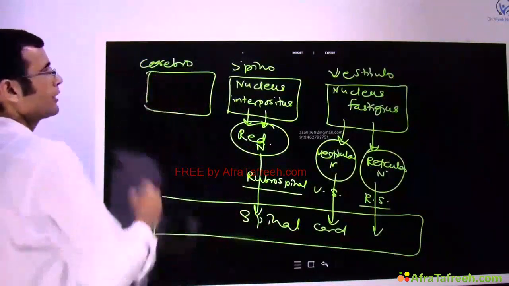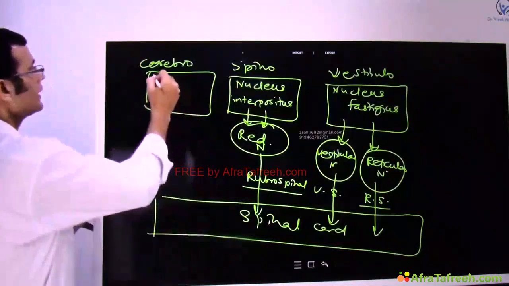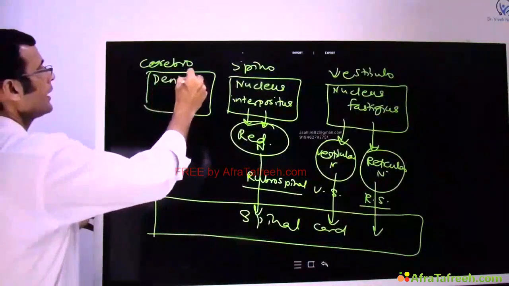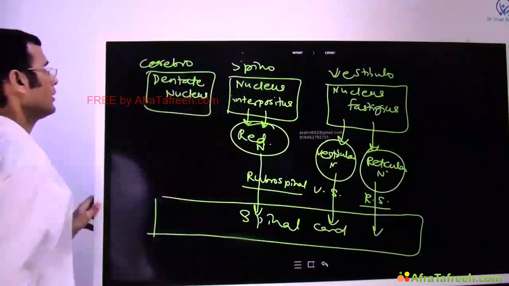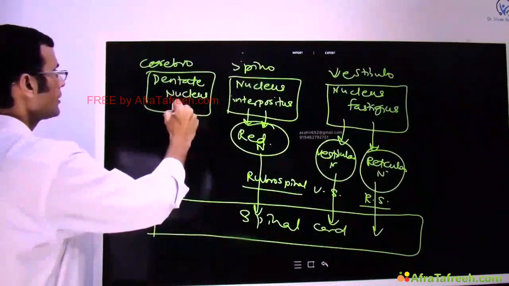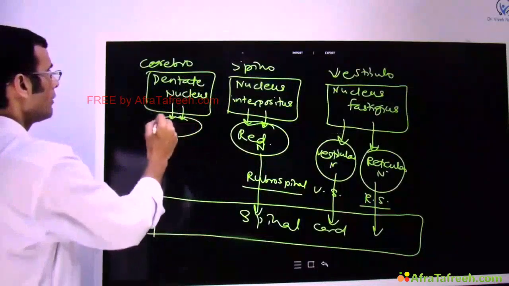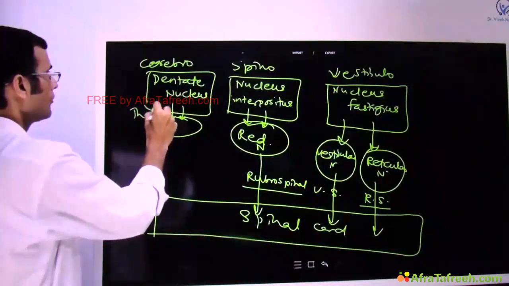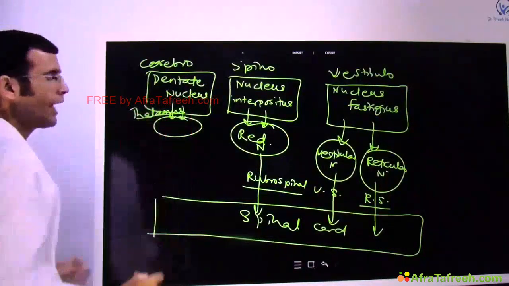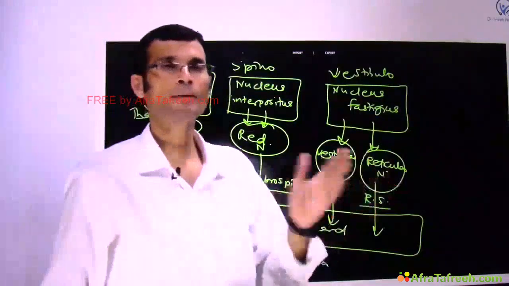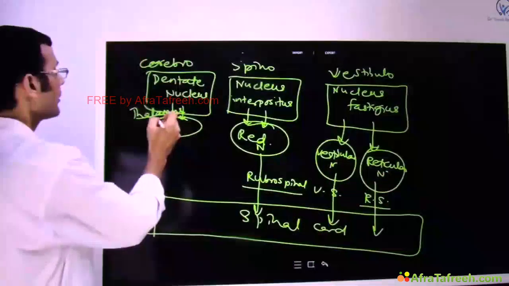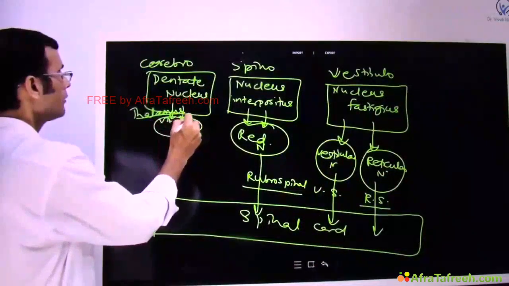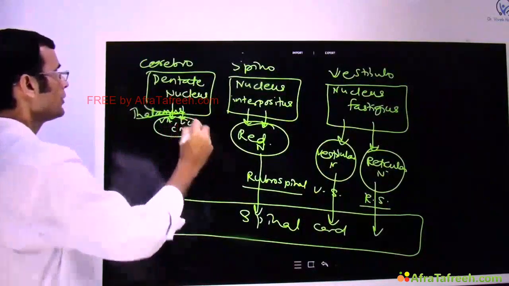And cerebrocerebellum, its deep nucleus is called as dentate nucleus. Fibers will come out and via thalamus, which we have already seen. There are three nuclei of the thalamus that are connected with the cerebellum and basal ganglia. They are involved in the motor function. Those thalamic nuclei are ventro-anterior, ventrolateral and centromedian nuclei.